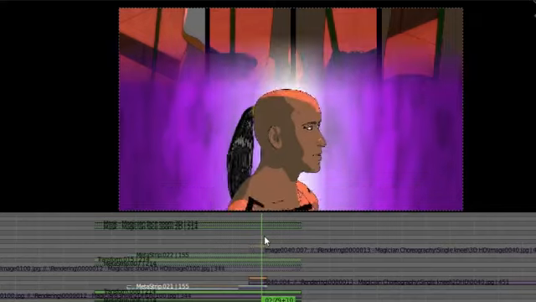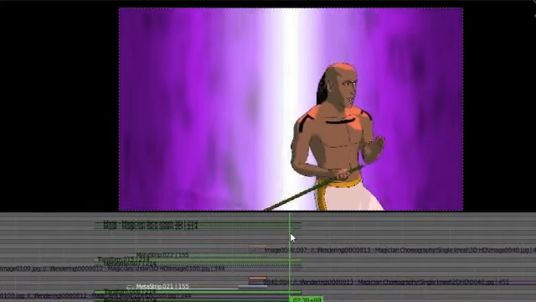So what happens is he comes in like that, and he prepares for his throw, you could say. He levitates it, and boom. He throws it.